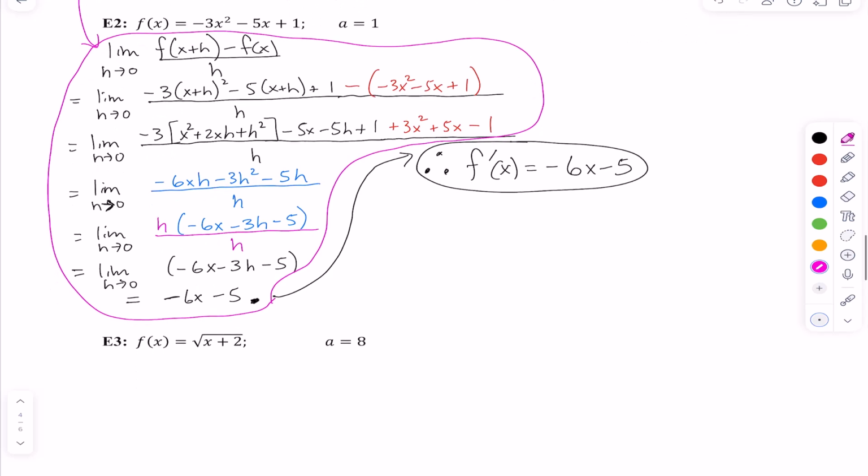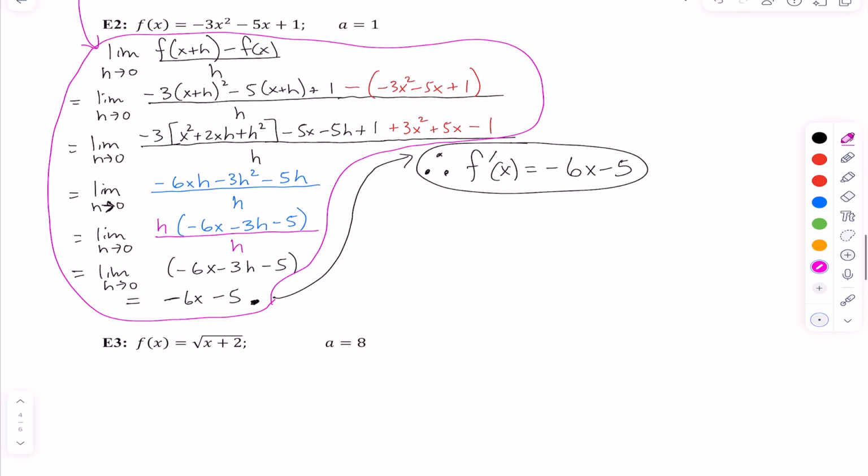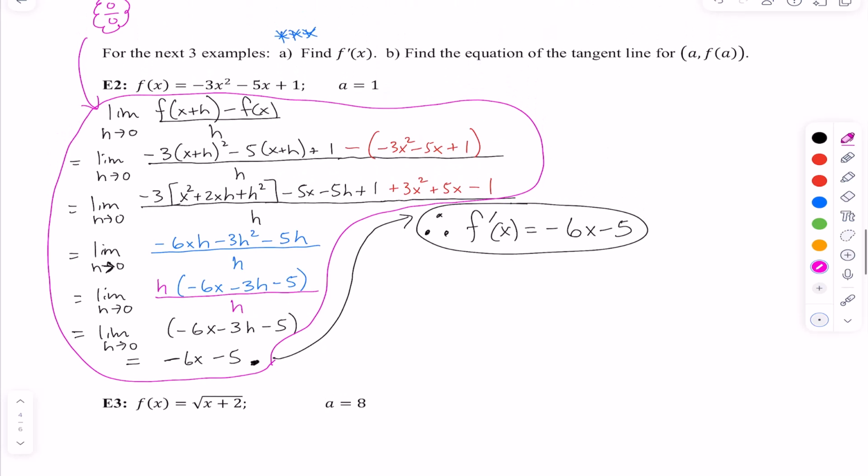Can we find the equation of the tangent line at a point of tangency? Remember a equals 1. So why don't we find that? Let's find the slope of the tangent line. By definition, it's this expression. Next procedure is we're now going to use point slope form.